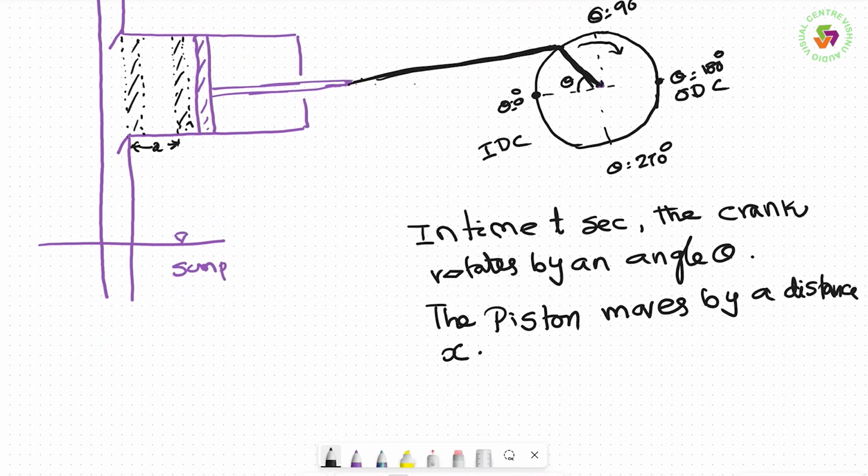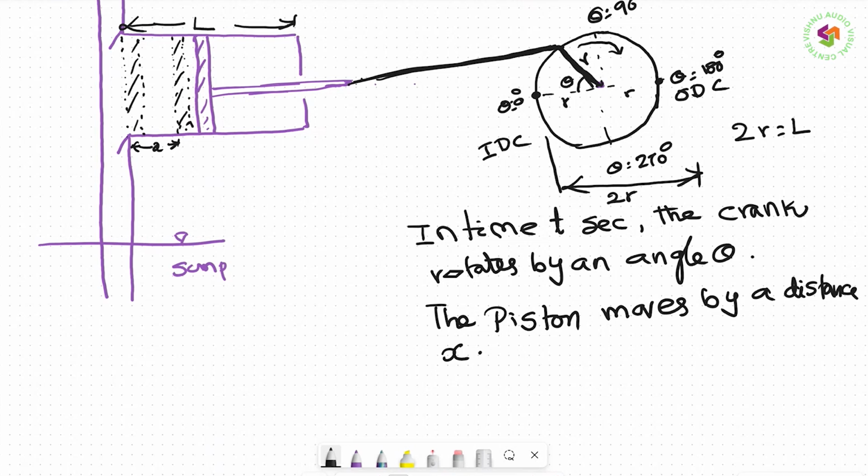Already I mentioned radius of the crank is r, and this length is equal to length of cylinder, length of stroke, and if I take it, this is r, this is r. So naturally this total is 2r, and this 2r is equal to length of the stroke.